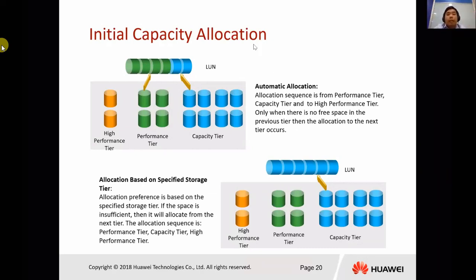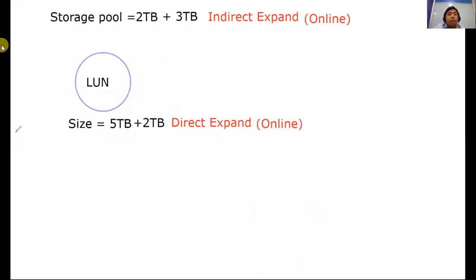The first one is called automatic allocation. Let me just put it on the whiteboard. Okay, the first type of allocation is called automatic allocation. In automatic allocation, which type will you use first? Basically, you always go for the SAS first.